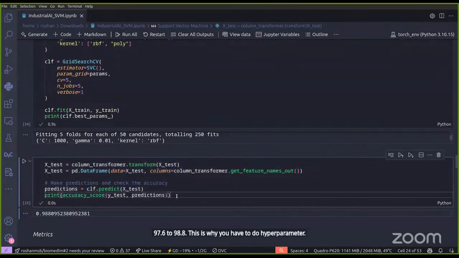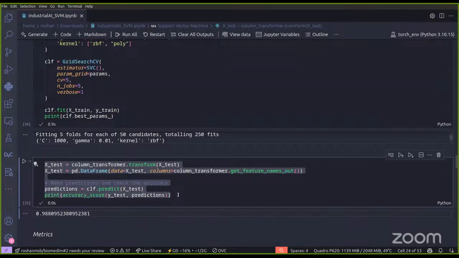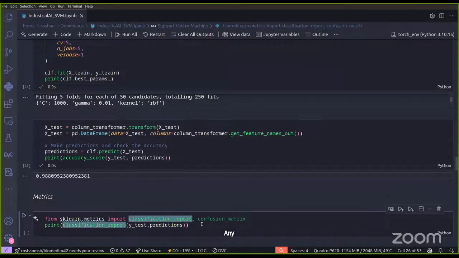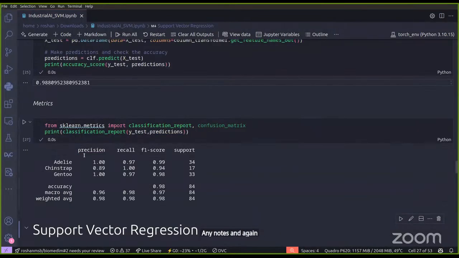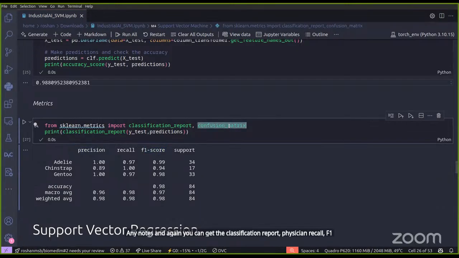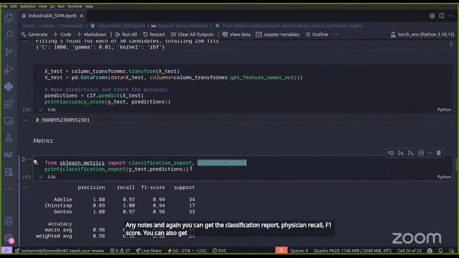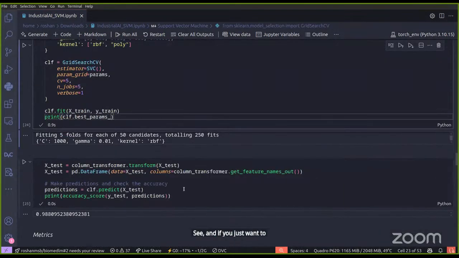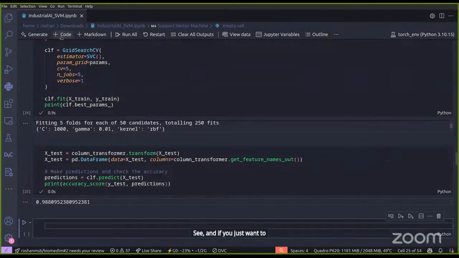Any doubts? And again, you can get the classification report, precision, recall, F1 score. You can also get the confusion matrix and so on. See, and if you just want to use naive Bayes classifier, you import it.